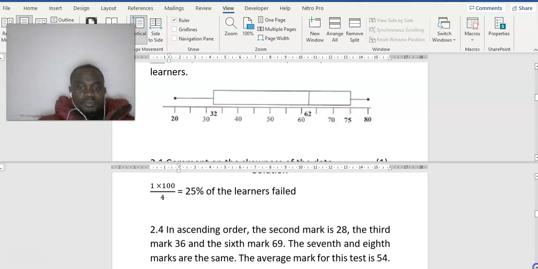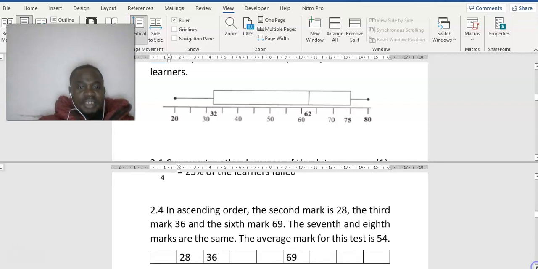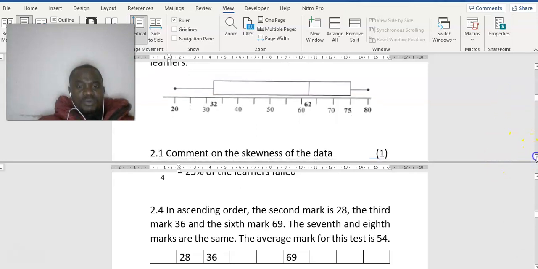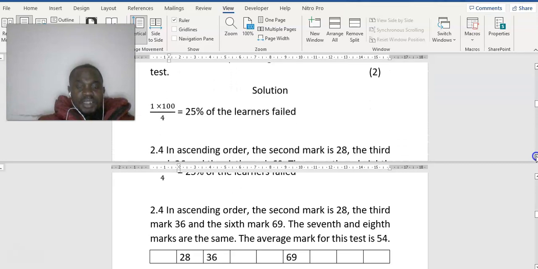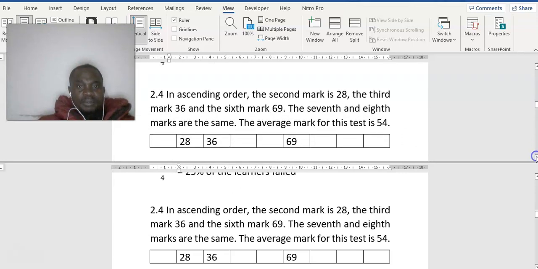Okay, then the next question says, in ascending order, the second mark is 28. So the second mark here is 28. The third mark is 36. And the sixth mark is 69. 1, 2, 3, 4, 5, 6 is 69.